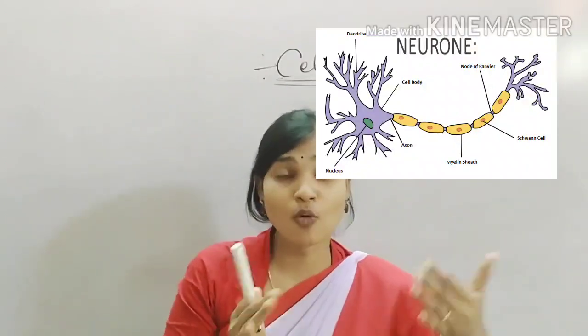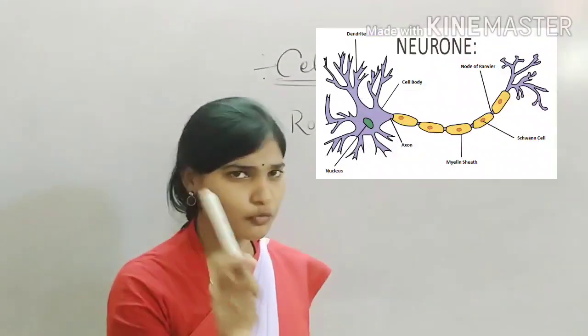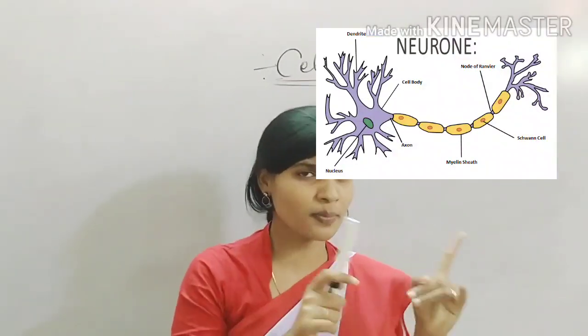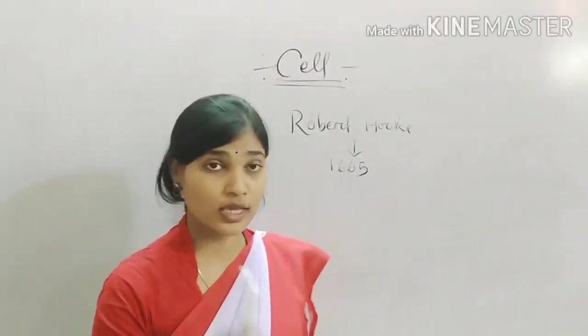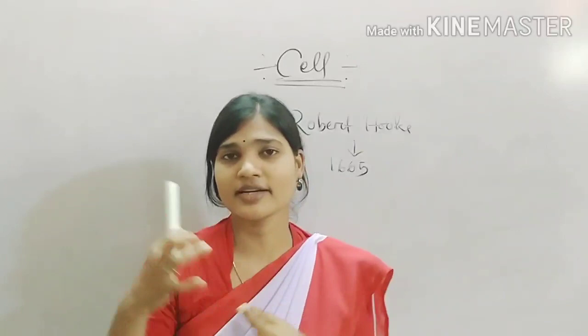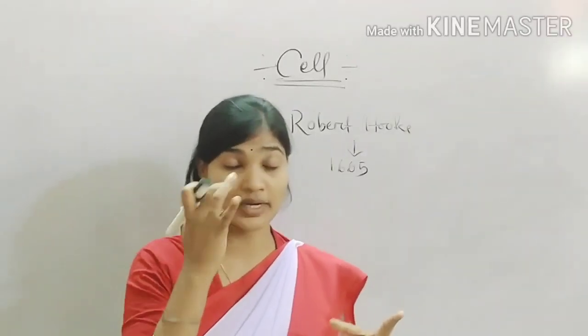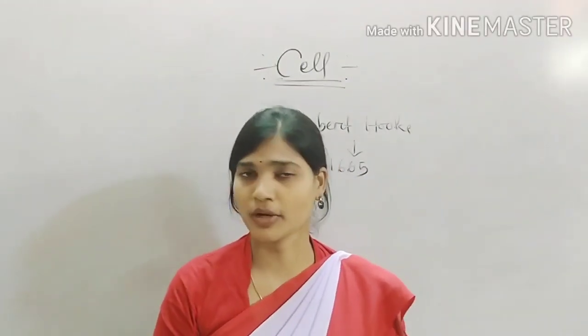Thereby they coordinate the work between the different parts of our body. So, which cell receives and transfers the message? Nerve cell. They coordinate the different parts of our body to work.